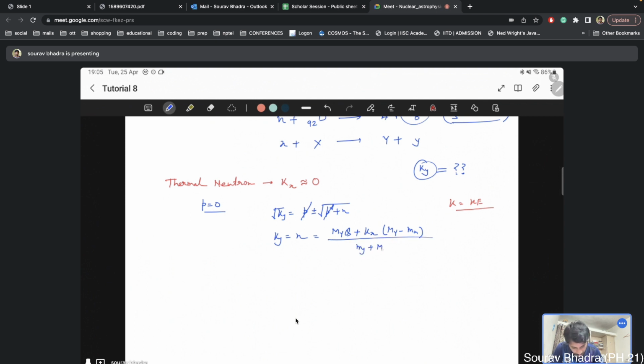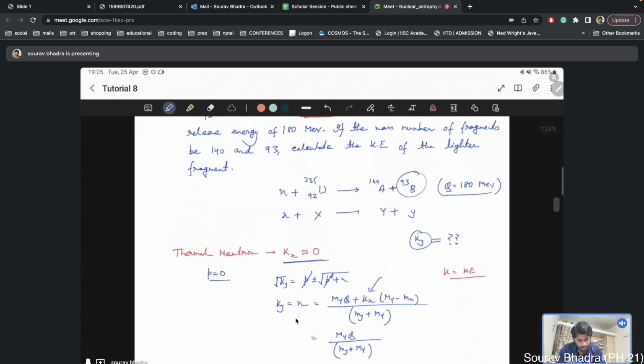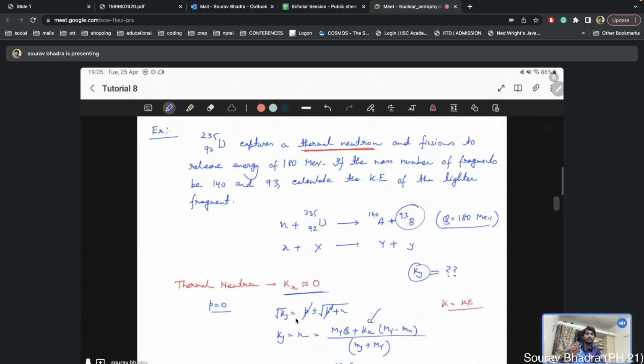Okay, so this is the thing, and again put Kx equals 0 in this expression, so no need to write that second term in the numerator. It will be like this only: capital My times Q by small my plus capital My. Okay, so this is the expression of Ky, under the consideration that Kx equals 0 as given in the problem. So you have to identify that thermal neutron means the energy of the neutron is very low, that is close to 0.